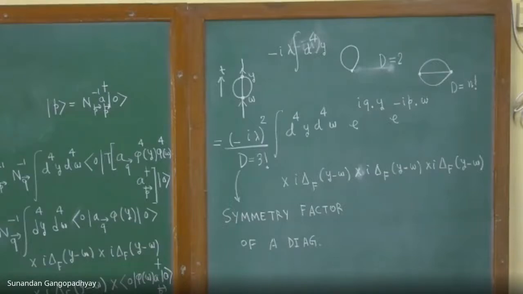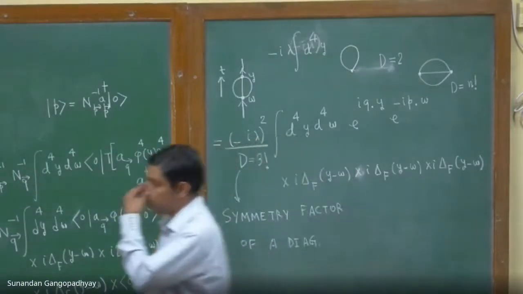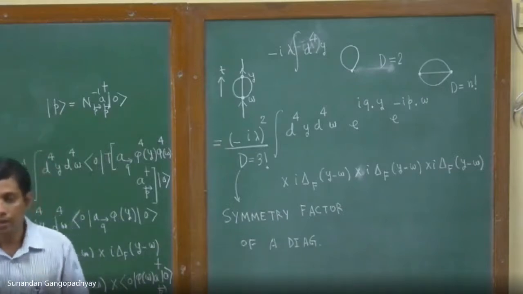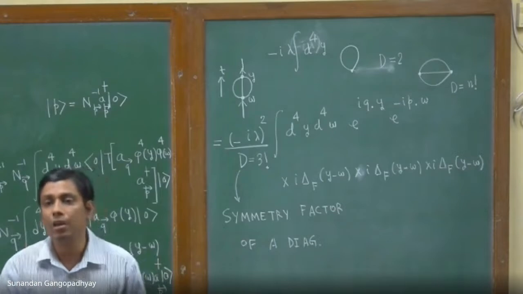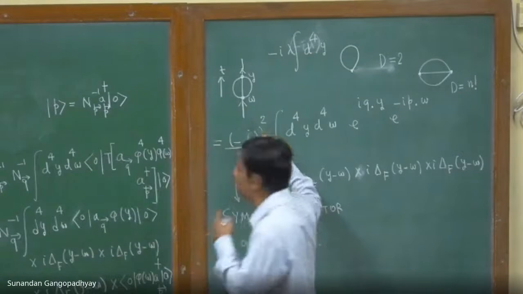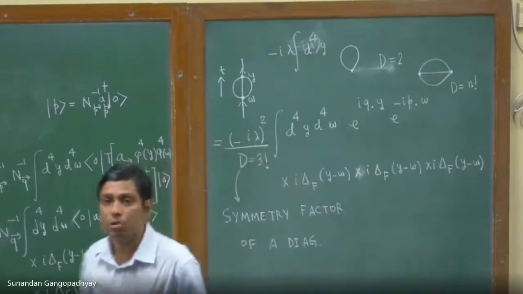See, when we were calculating the first order correction and things like that, we were actually being sloppy, and I told you that. We were being sloppy about what will be the correct factor in front of these things, like minus i lambda whole squared.